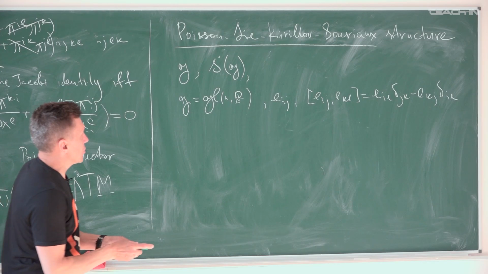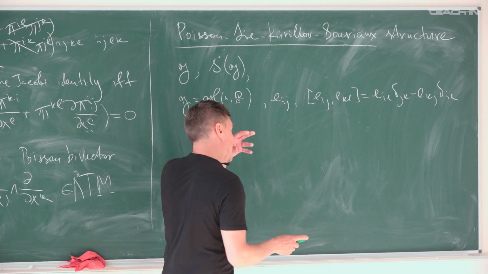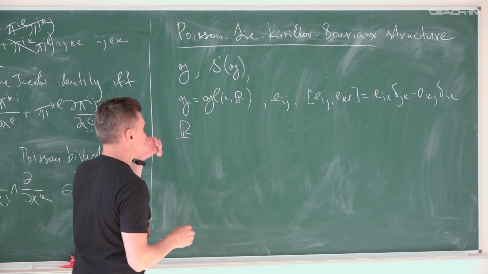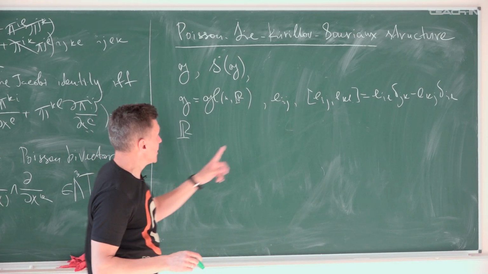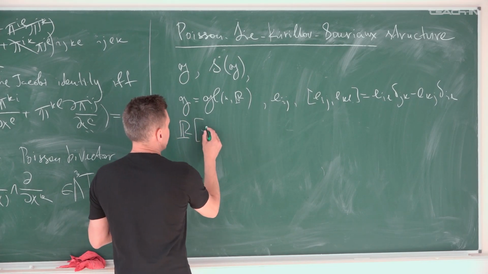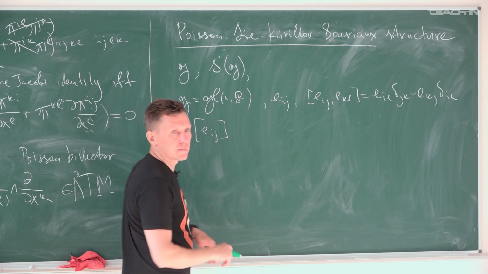Now I want to consider the algebra of polynomials in the letters E_ij.